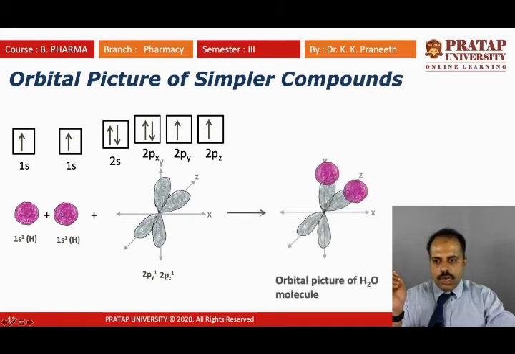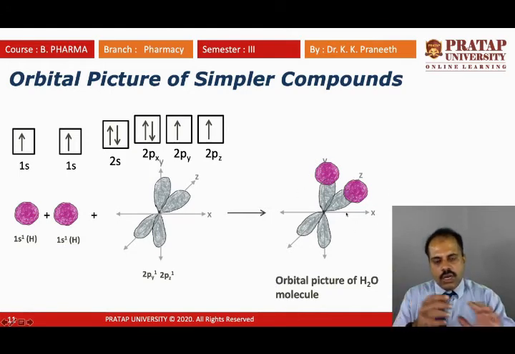So we should consider only these 2 unpaired electrons. What will happen? These 2 hydrogens interact with the 2p orbitals and form the bonds, right? One hydrogen atom orbital bonds here and another hydrogen atom bonds here. It forms the orbital picture of water. This is the orbital picture of water.